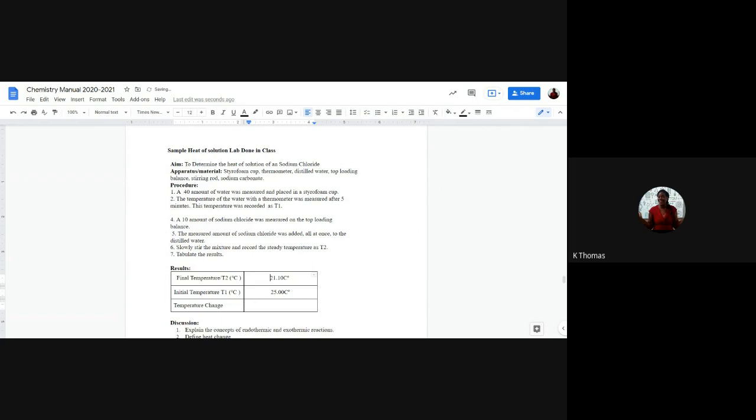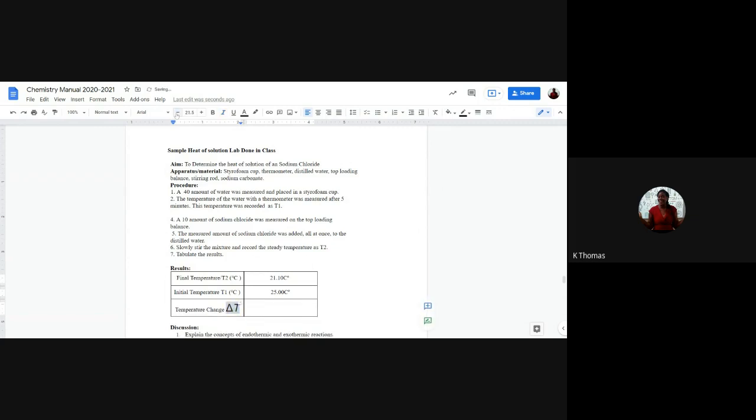Perfect. So I have my initial temperature and my final temperature. Now to record my temperature change, which we call delta T. So delta T, which is my temperature change, that's the symbol for it.